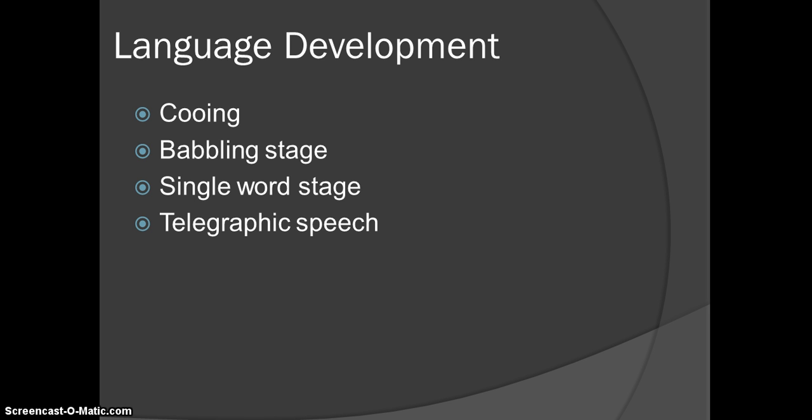So da da da da da or ba ba ba ba ba. And those two stages are usually the same throughout the world, which illustrates the nature element of language, right?